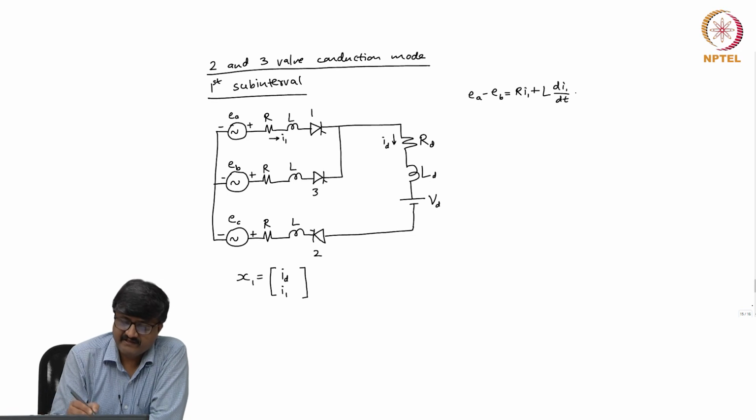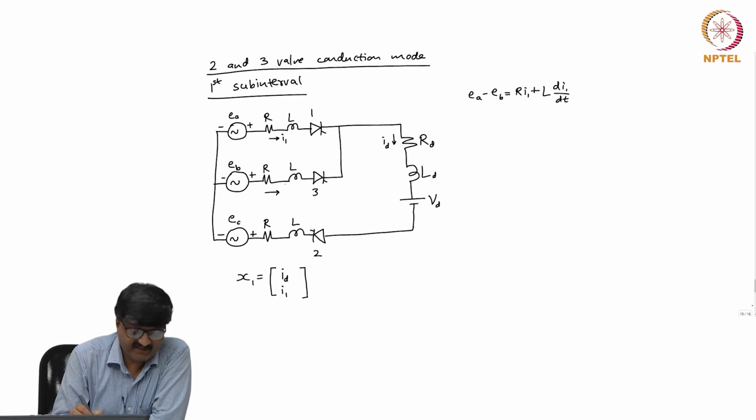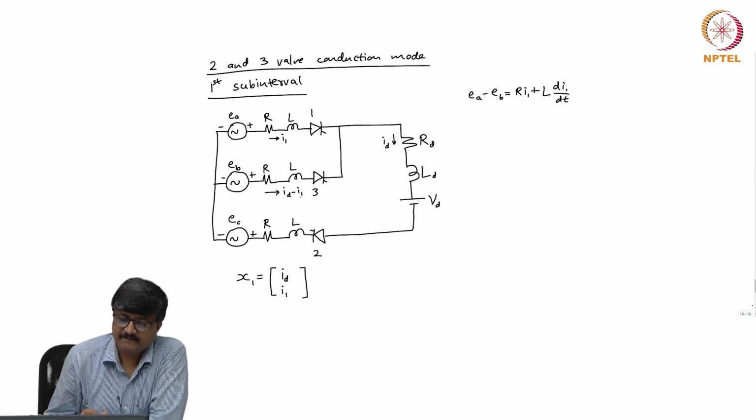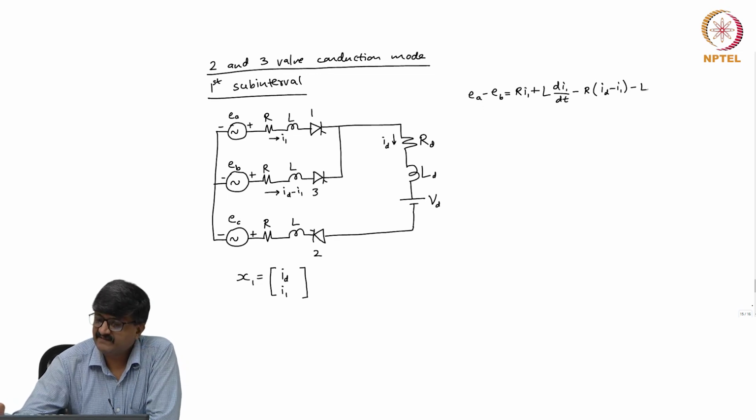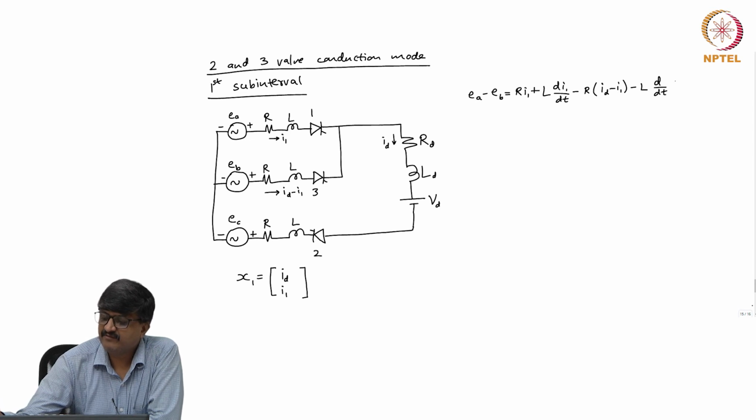The current here is ID minus I1, so minus R (ID minus I1) minus L d by dt of (ID minus I1).